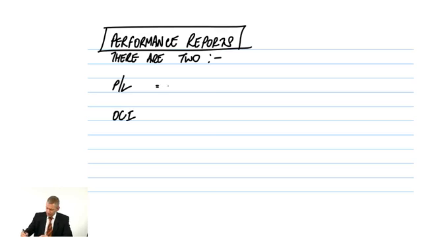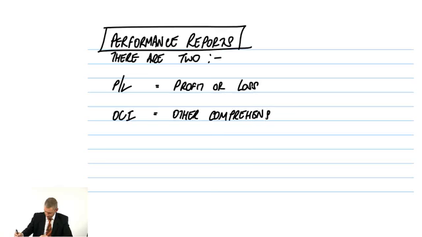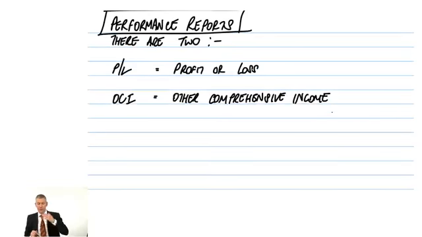The P&L is profit or loss, and the OCI is other comprehensive income. But actually it hardly matters what these abbreviations stand for, because you will only be using the abbreviations when communicating with the markers. You'll only be using the phrases P&L and OCI, not the full names.